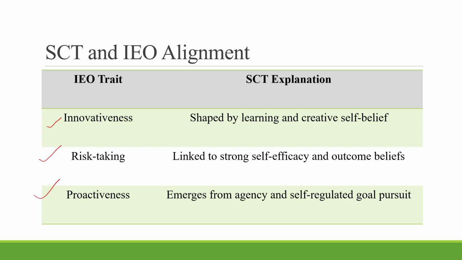This is also explained by self-belief and self-efficacy. In risk taking, it is linked to strong self-efficacy and outcome belief. It depends upon whether you believe you can handle failures or not.